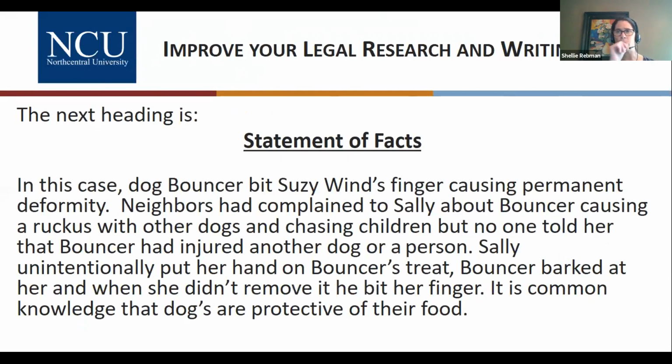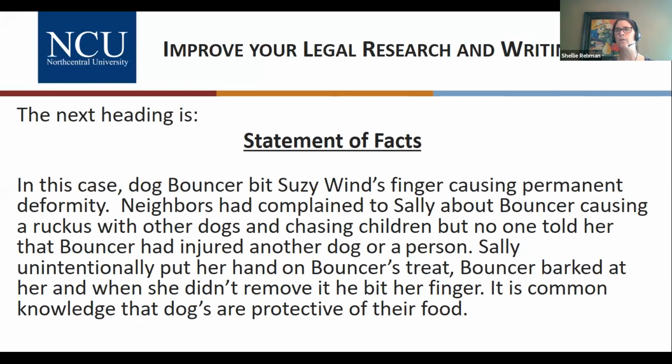Next, you want to include the statement of the facts. So you want to make sure that you include only those facts that are relevant to the legal issue. So for example, here, I did include that Bouncer was part pit bull, beagle, pointer, or whatever.